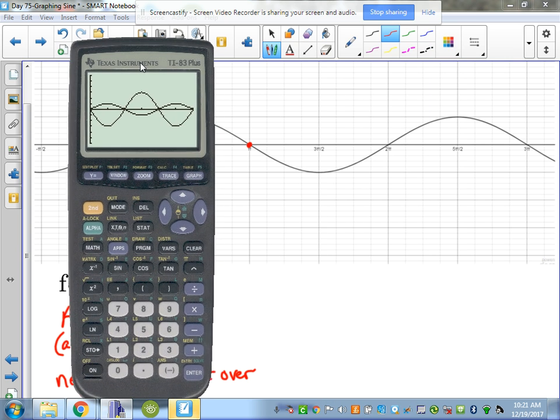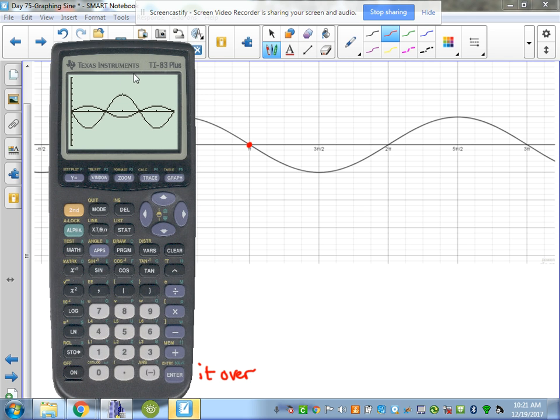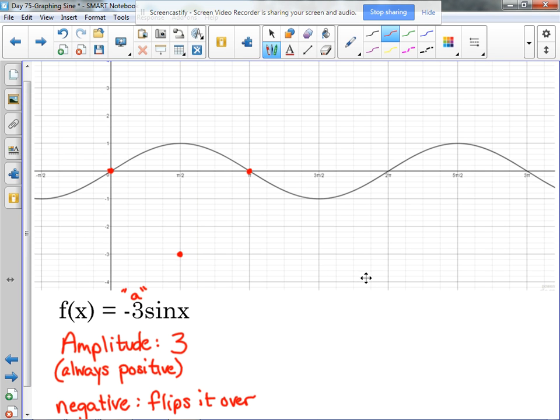At 3 pi over 2, instead of hitting the minimum, we hit our maximum, and it's now at +3 instead of +1. At 2 pi, we still cross the x-axis, and then it repeats itself. So this is how these two graphs compare to one another.